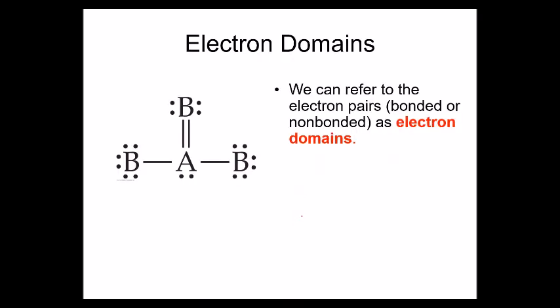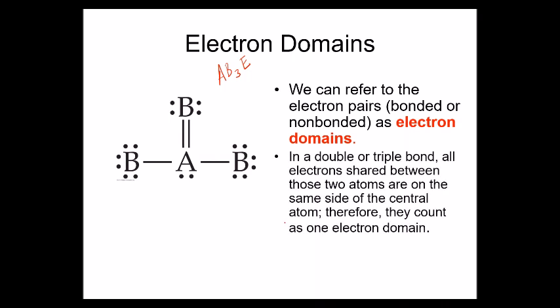What are electron domains? First of all, we have to define this with our example compound here, which would be like AB3E. We refer to the electron pairs as electron domains.